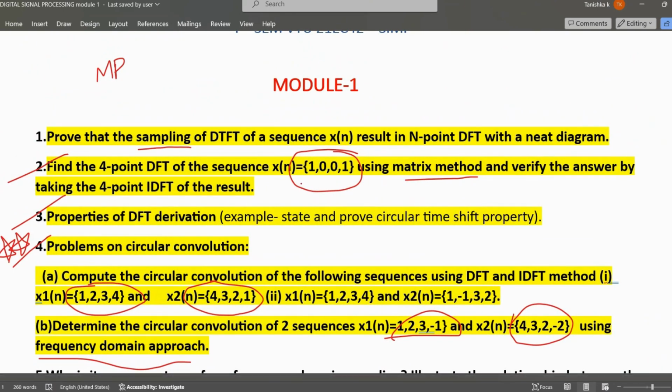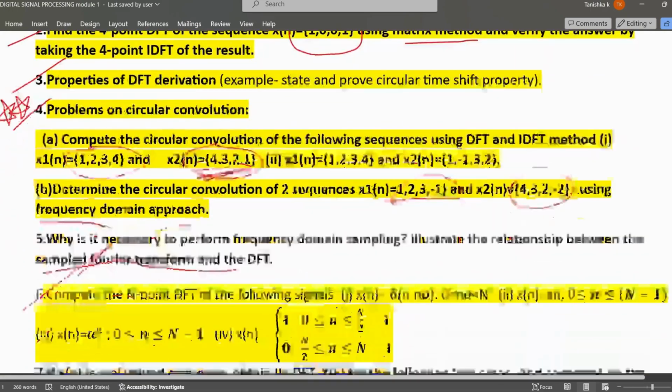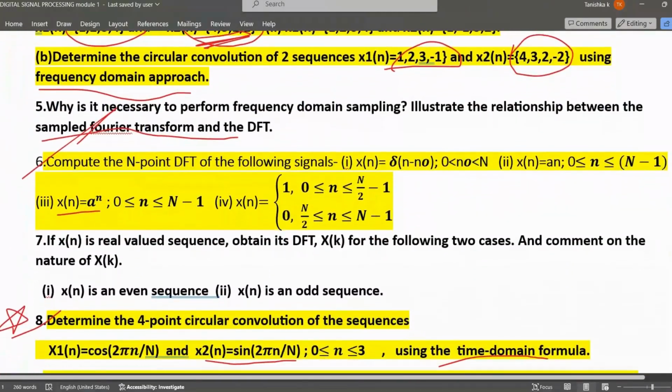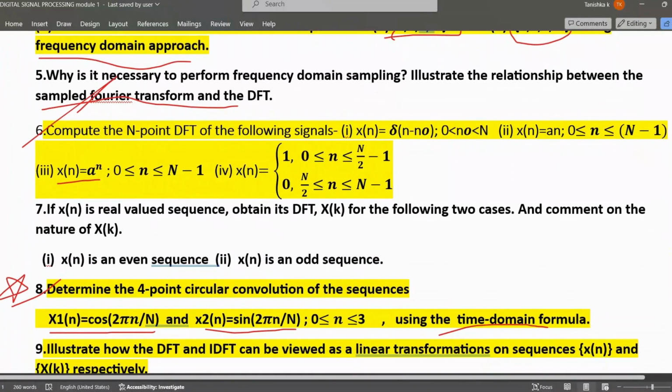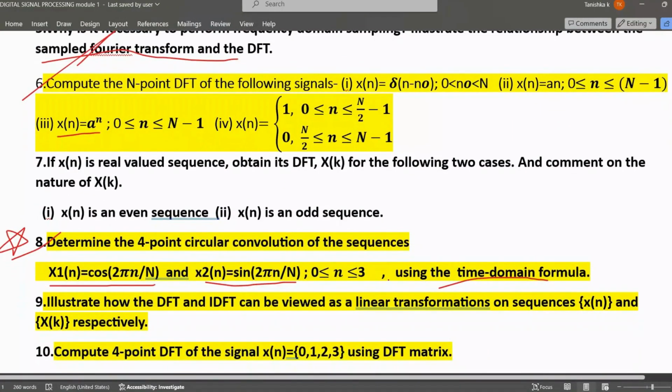Okay, so these kind of numbers they had given, but in this problem there are equations like sine theta or sine cos. There are trigonometrical functions, so these kind of problems may also appear.